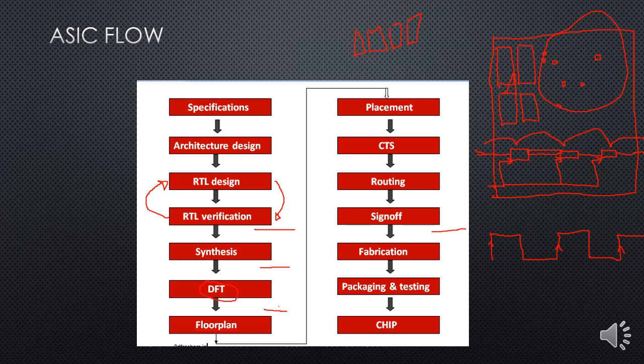We use one metal shape, one metal piece, and connect the output pin to the input pin with that metal shape. When we do that, the physical connection is also formed. Till the routing stage, there is no physical connection.